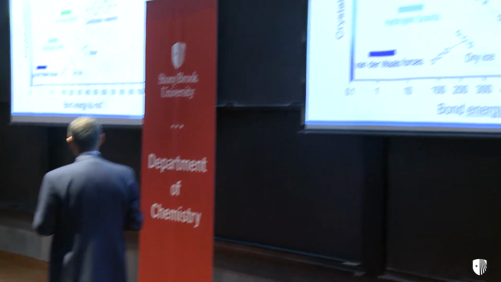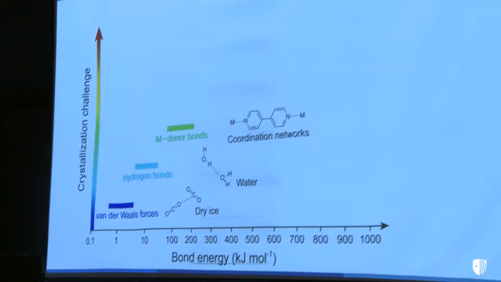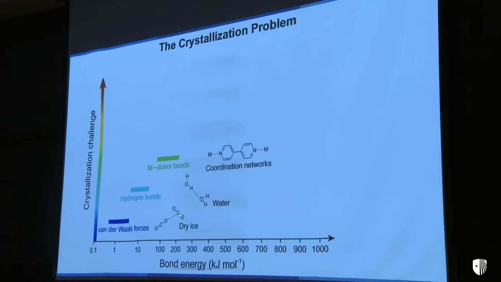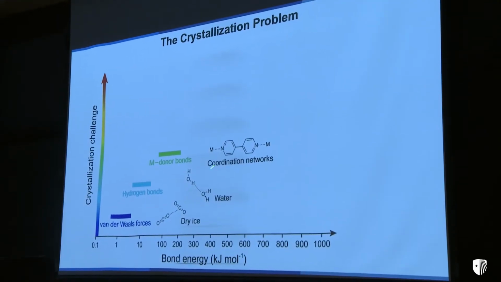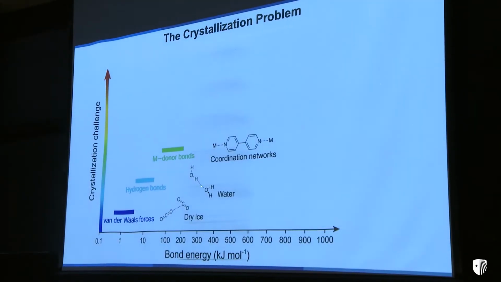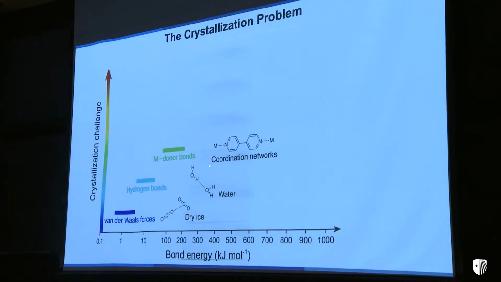So the crystallization problem is that if you're linking things through weak bonds, you're more likely to be able to crystallize them than if the bonds get stronger. Even hydrogen bonded things are much easier to crystallize.